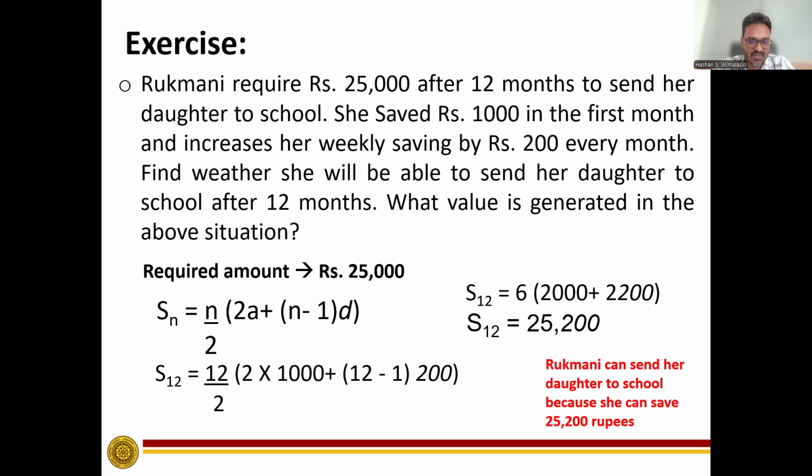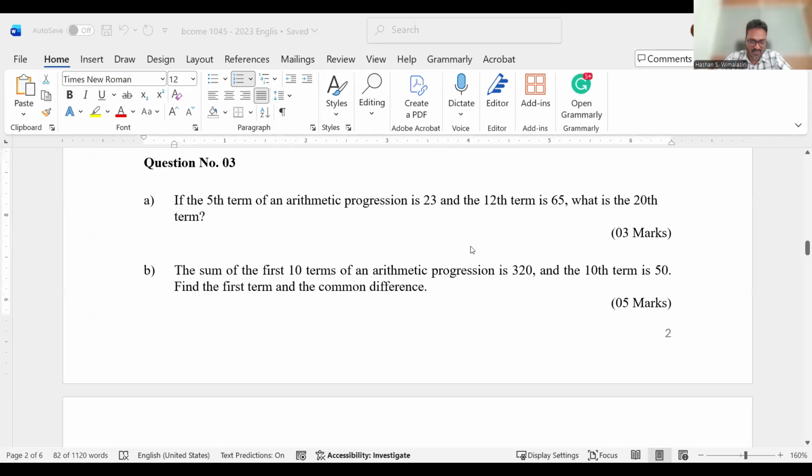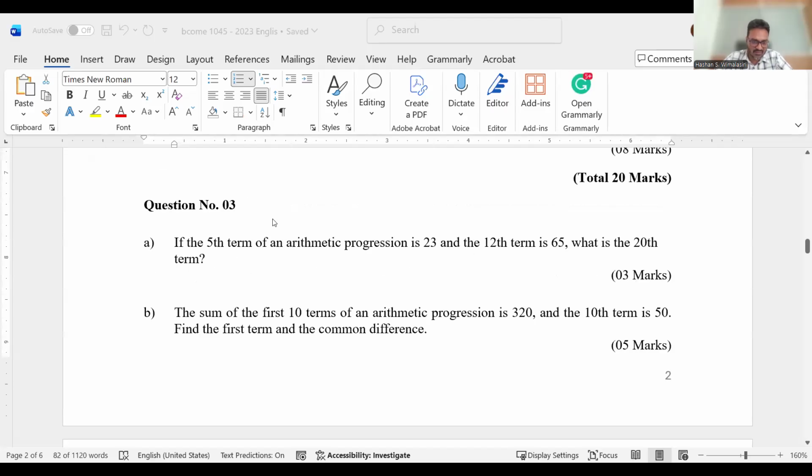In your past paper also, we'll share the question in the same way. Yes, do it first. This one I'll show. It's a different question, right? So this kind of question may come.